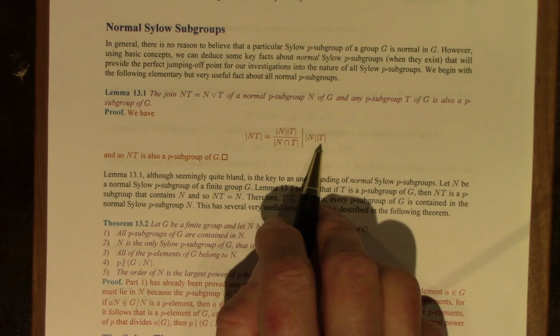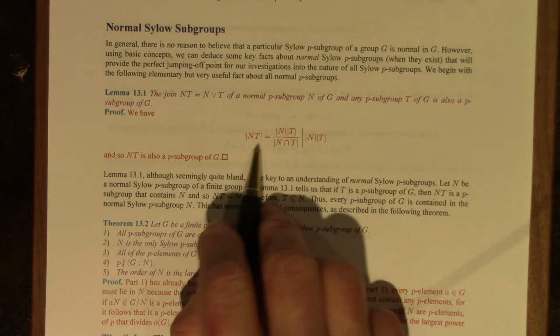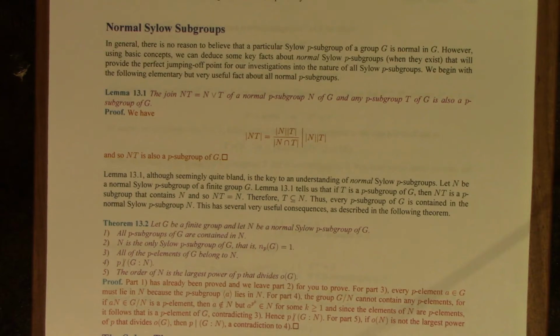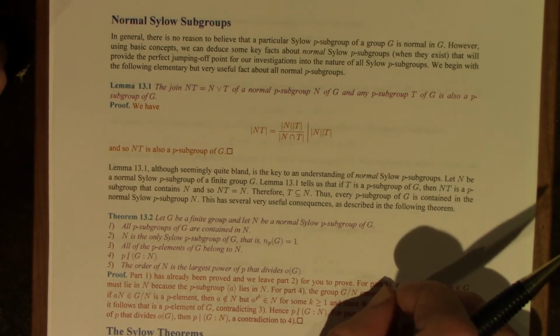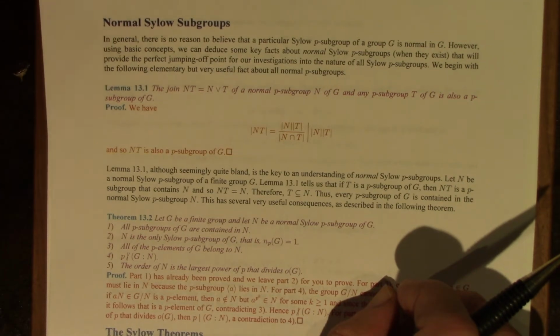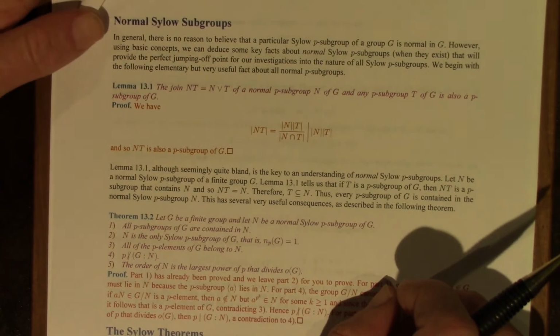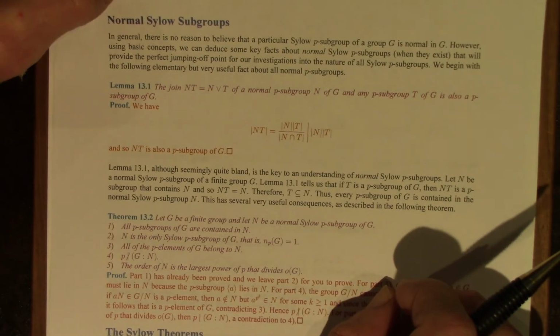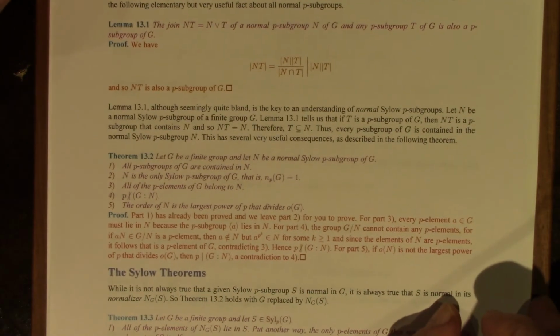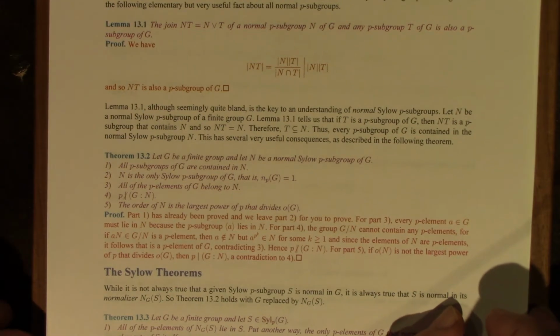Each of these sizes is a power of p, and so NT is a p-subgroup. That's a rather bland fact, pretty simple, but it really is the key to an understanding of normal Sylow p-subgroups.